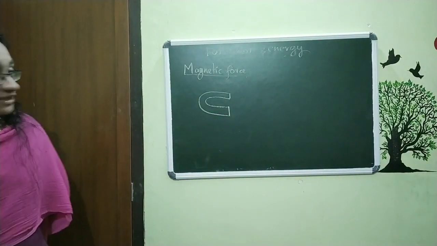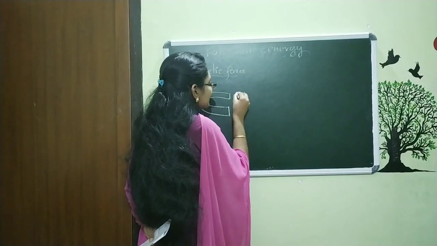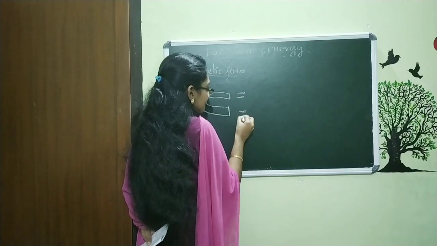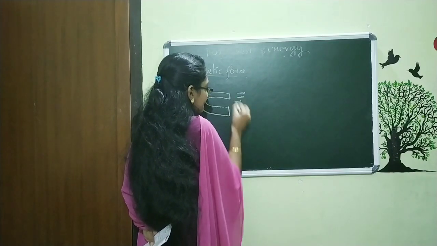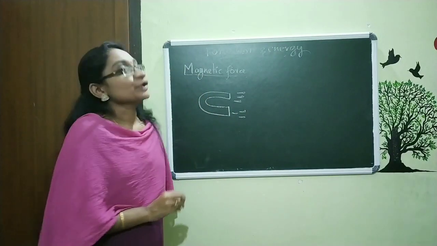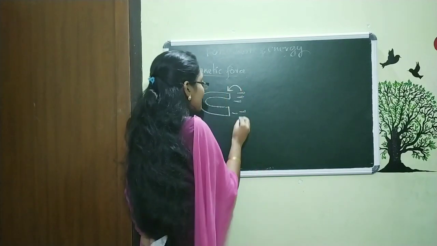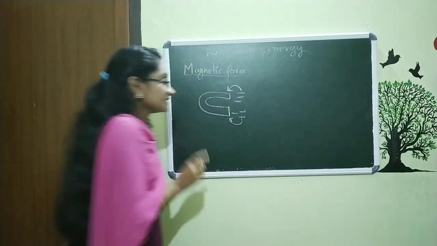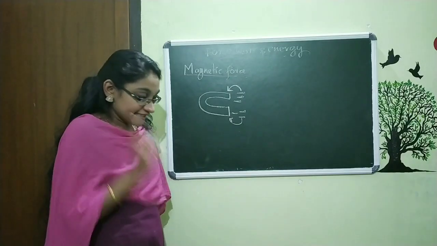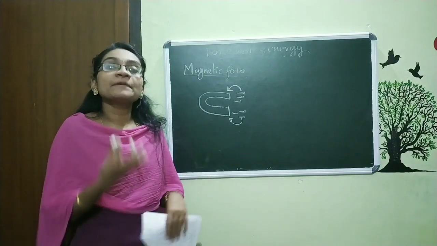Now I am selecting one magnet and placing some iron nails here. What happens to these iron nails? You can see these iron nails jump to this magnet. We studied that for moving an object we need to apply some force.